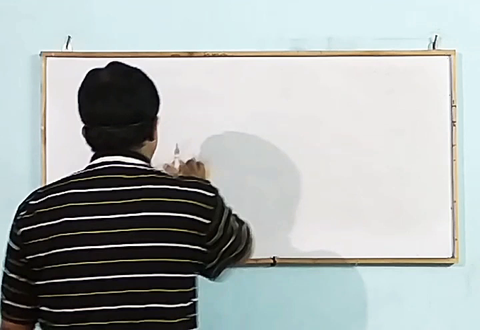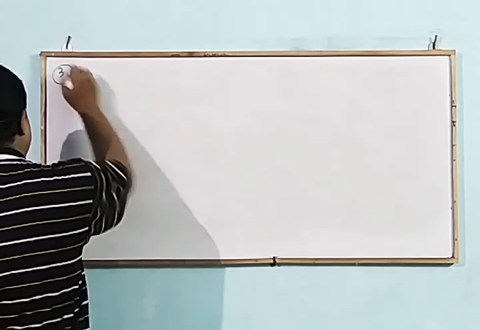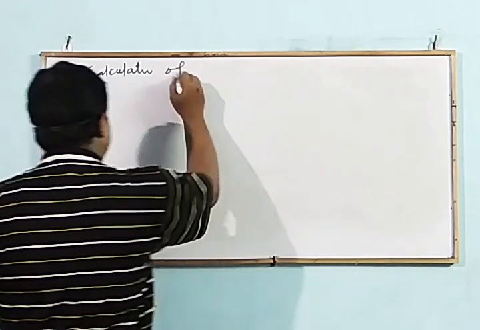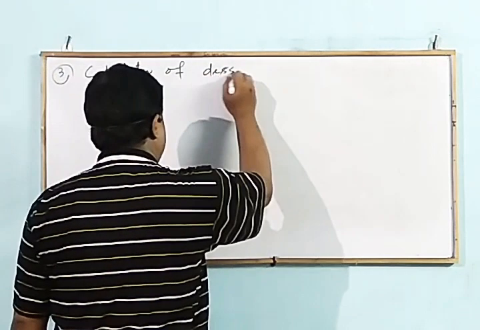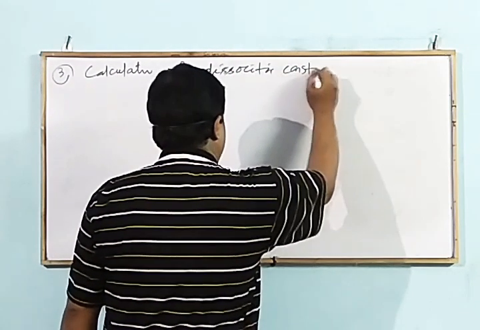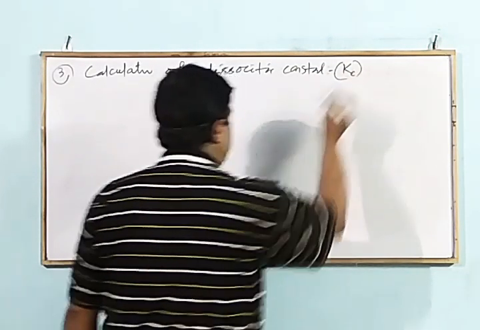What is the third application? That is the third application, calculation of dissociation constant. Calculation of dissociation constant, that is K or Kc.